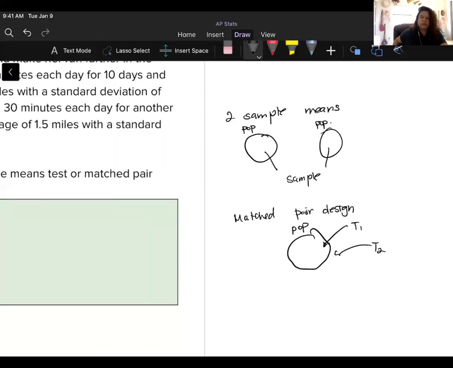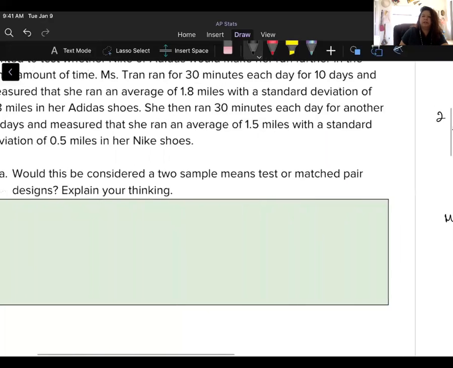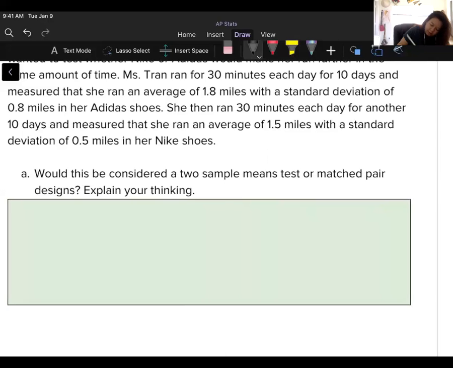So in this case, we're actually doing a matched pair design. And this is because you have one person, which is me, testing both treatments.